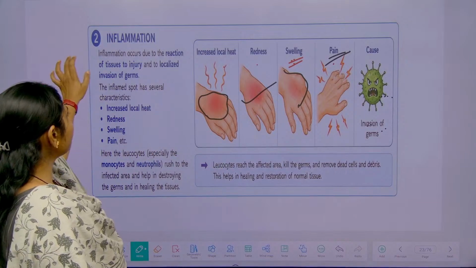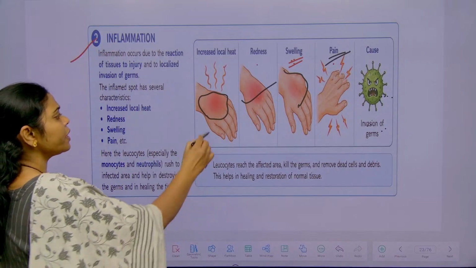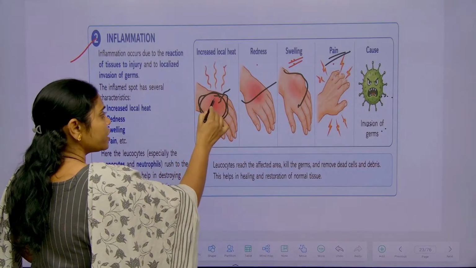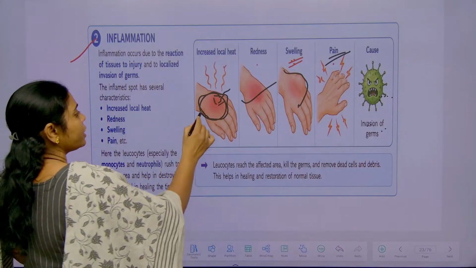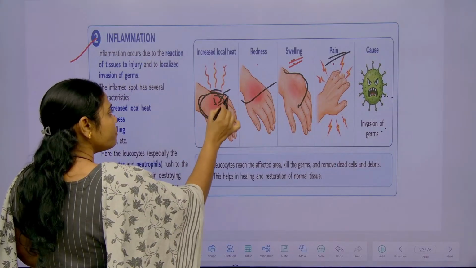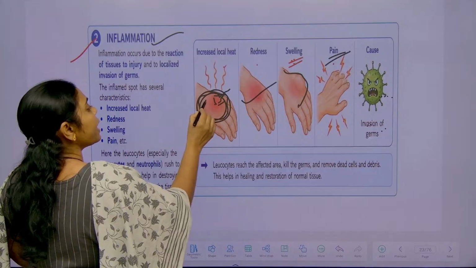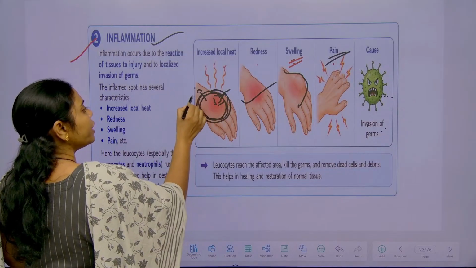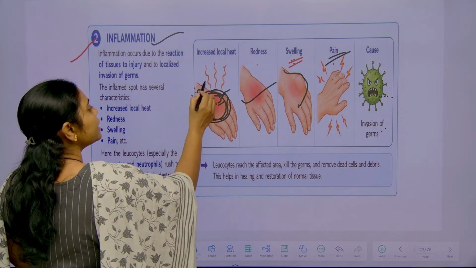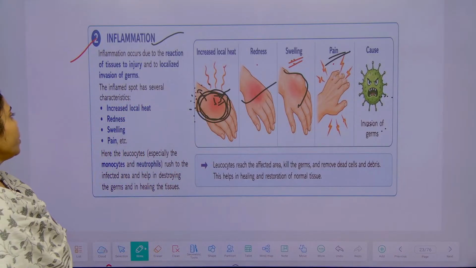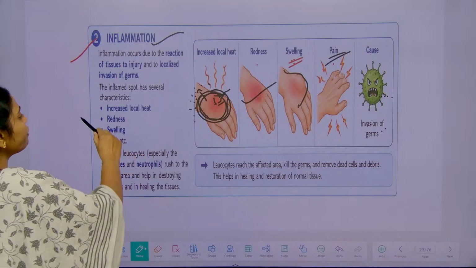So what is the use of this inflammation? For example, a bacteria has come, or you got injured, and because of that some bacteria entered, right? Because of this inflammation process, this bacteria cannot be transported to the other healthier cells. Clear? So this is the use of inflammation. What characteristics can we identify?